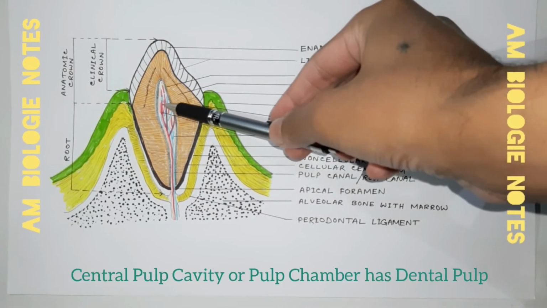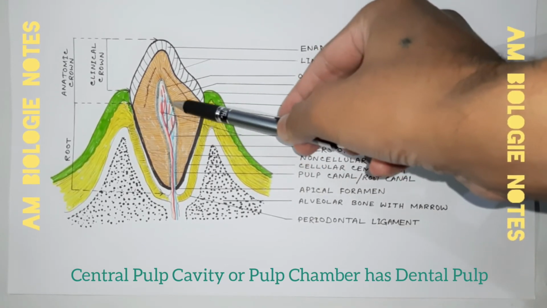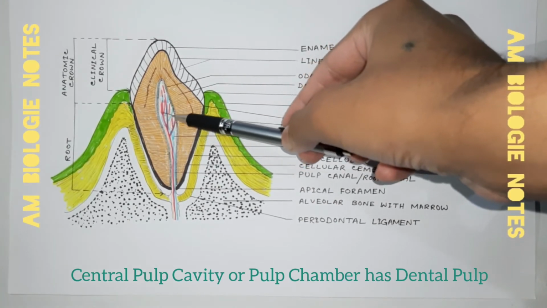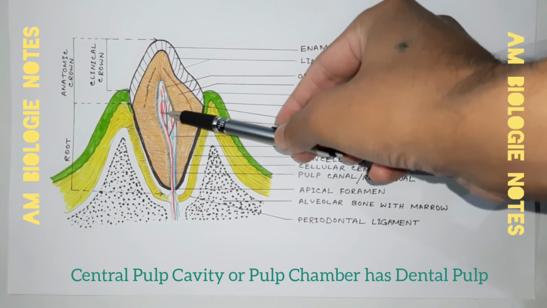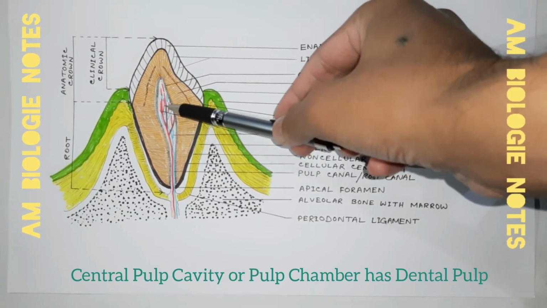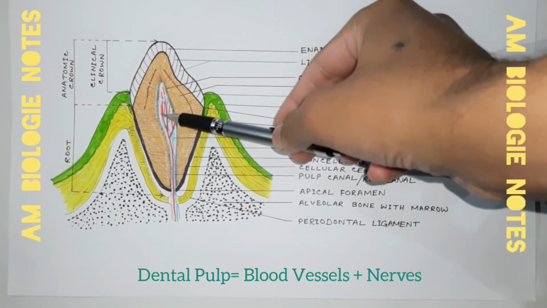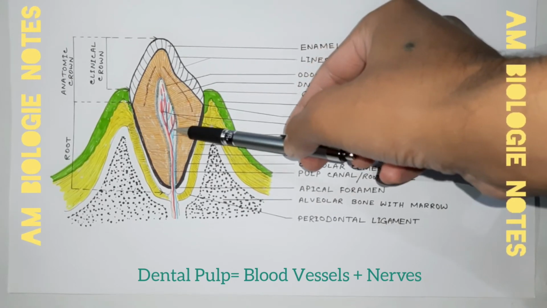This central portion is known as the central pulp cavity or pulp chamber. It is the space within a tooth that is occupied by dental pulp. The dental pulp is a loose connective tissue that is richly vascularized and supplied by abundant nerves.